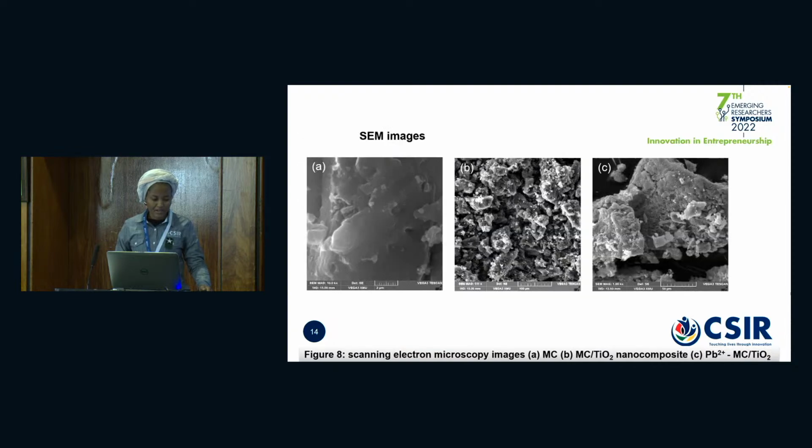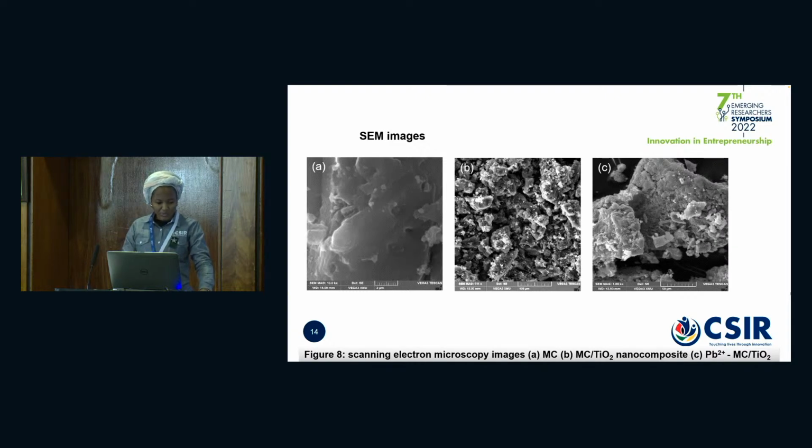And the third instrument was the scanning electron microscope. Scanning electron microscope was used to investigate the surface morphology of our samples. So as you can see from here, figure 8A and C is our mesoporous carbon. We are interested to increase the surface area and also to create pores on the surface.